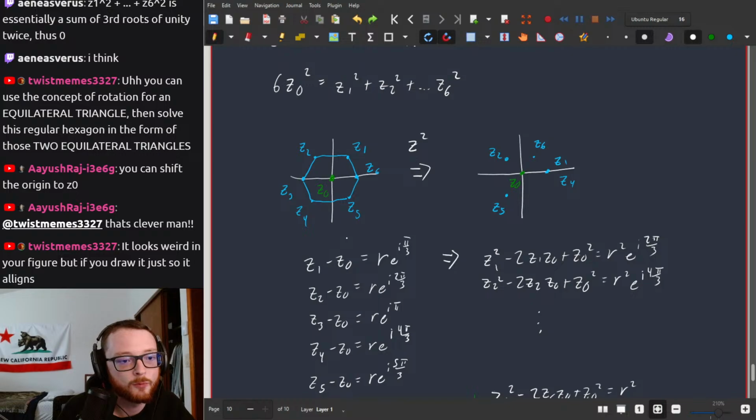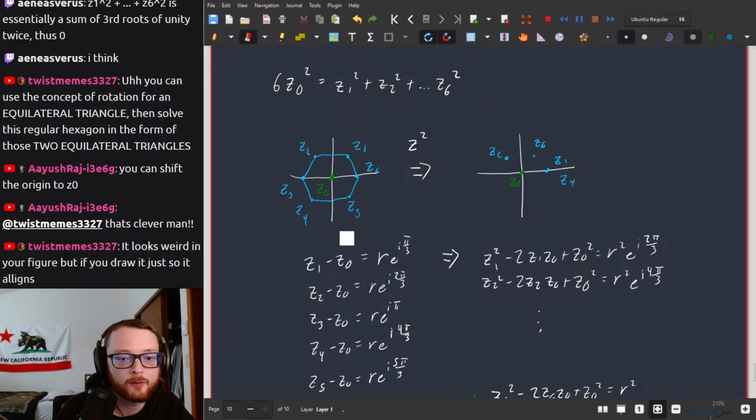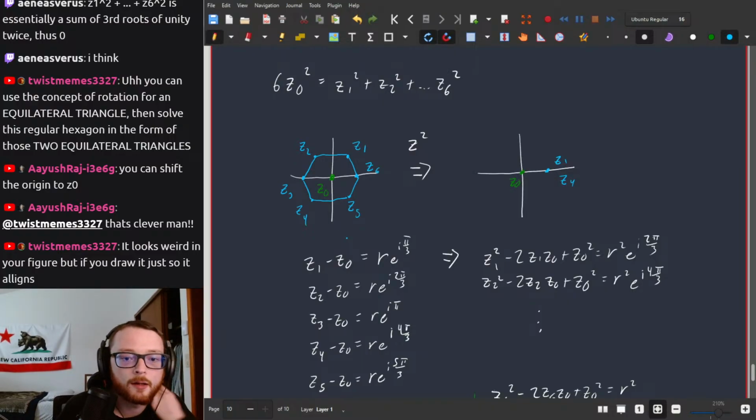If I actually was able to draw. Okay, yeah, I guess let's draw it more carefully then. So z1 has an angle pi over 3.